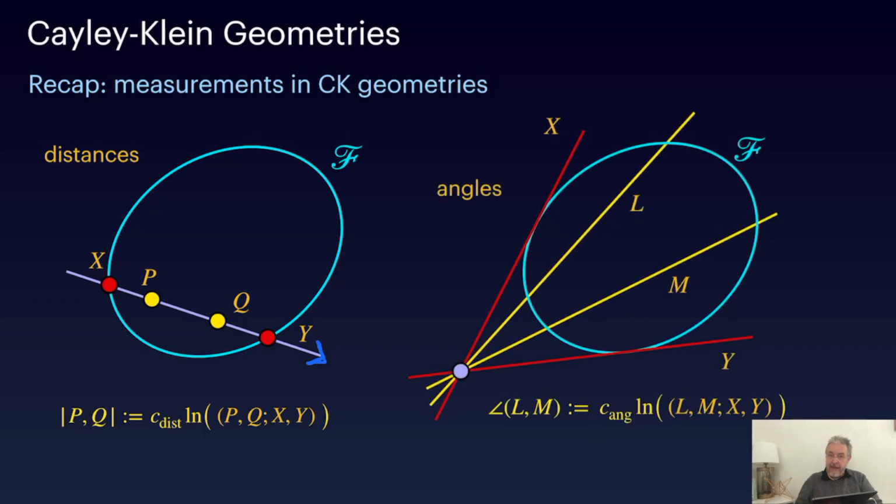In a completely dual way, we define angle measurement. If you have 2 lines and you want to measure their angle, you take their meet, as a dual operation to taking the intersection here, take the 2 tangents through that meet to your fundamental object, take those 4 lines and calculate the cross ratio, take the logarithm, multiply by the constant, and call that angle.